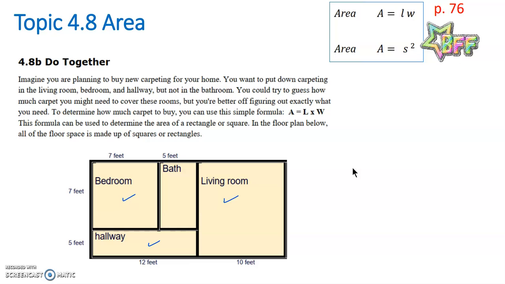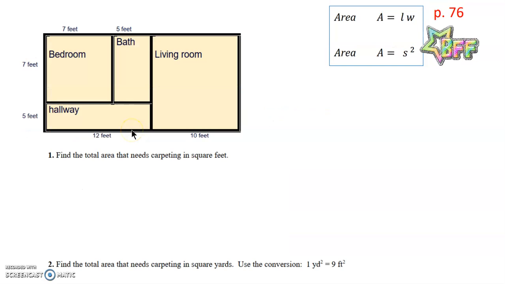So we can use a simple formula. Area is length times width, and we can figure out room by room the square footage that we need, and then we can add the rooms together to determine the total amount of carpet that we need to purchase. Okay, so let's start with the living room. We can see that the living room here is 10 feet for one side.